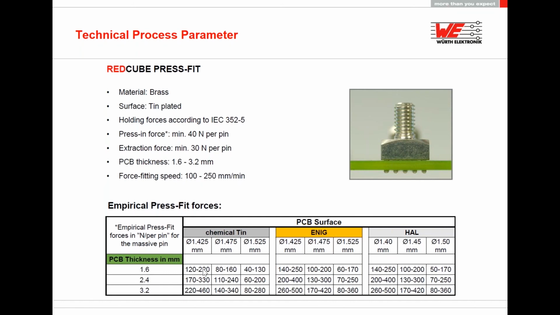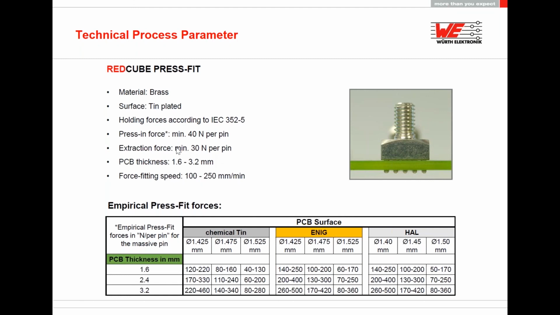And here you can see the range of the forces where they should be for the particular PCB. And it's different for ENIG, for nickel gold, for HAL, and for chemical tin.